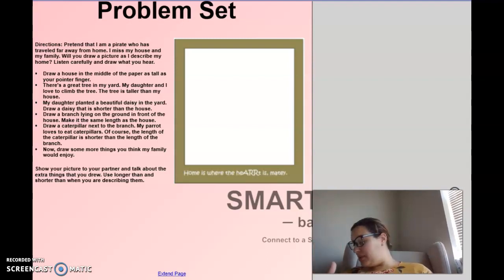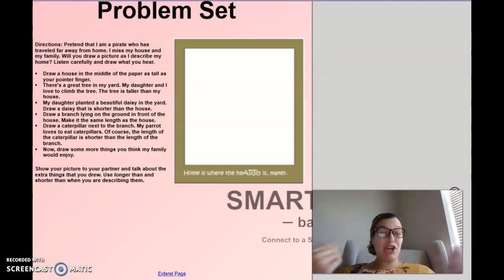I want you to not only complete those problems on the Google form, but the last thing on the Google form says, did you send a picture of your drawing to your teacher? And on that drawing, I want you to add whatever you think would make that house complete. Maybe it's some more animals outside, or maybe it's some more plants, anything you want, and send it to your teacher.